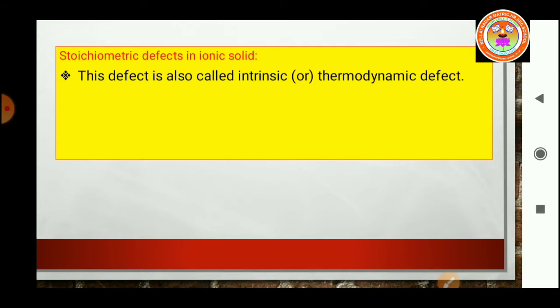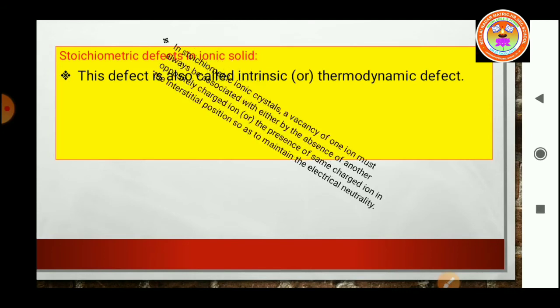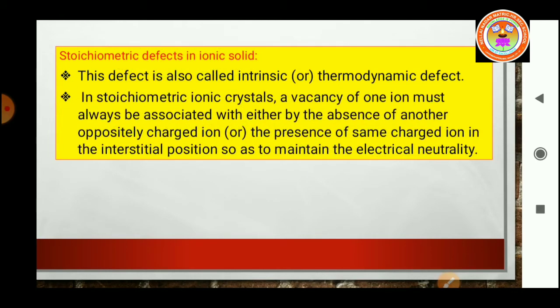Intrinsic or thermodynamic defects. In a stoichiometric ionic crystal, the vacancy of one ion must always be associated with either the presence of another oppositely charged ion or the presence of the same charged ion in an interstitial position. Now the meaning is clear.